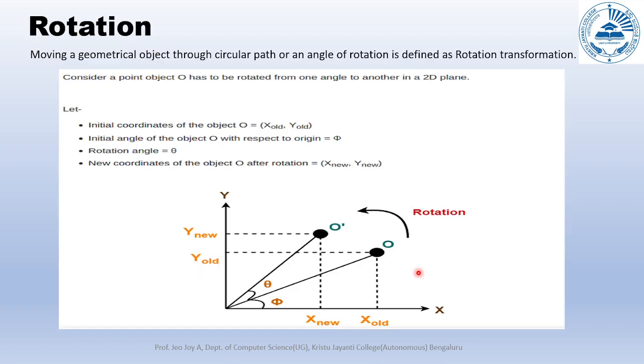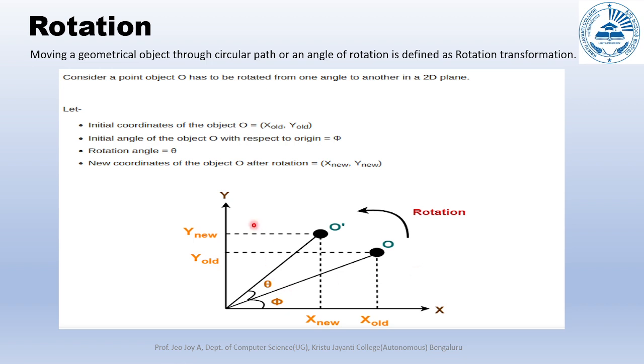The next basic transformation we are going to see is rotation. Rotation is the basic geometrical transformation which moves a geometrical object through a circular path, or we can say through an angle.